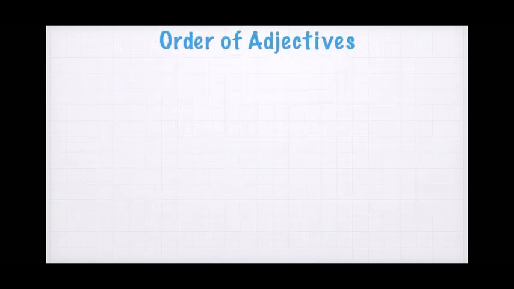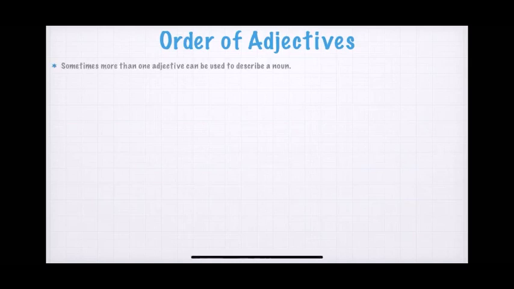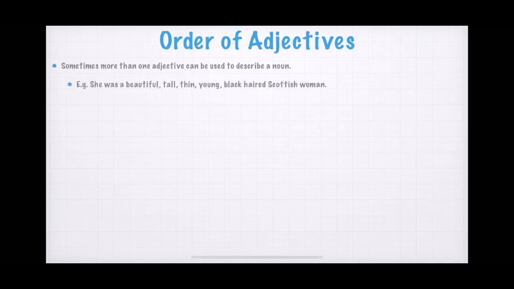Order of adjectives. Sometimes more than one adjective can be used to describe a noun. Now look at this example. She was a beautiful, tall, thin, young, black-haired Scottish woman. So in this sentence, we have used a number of adjectives to describe this one woman, which is a noun.